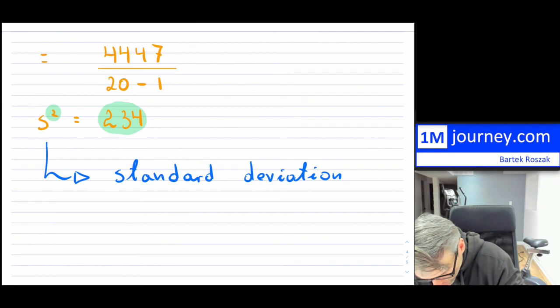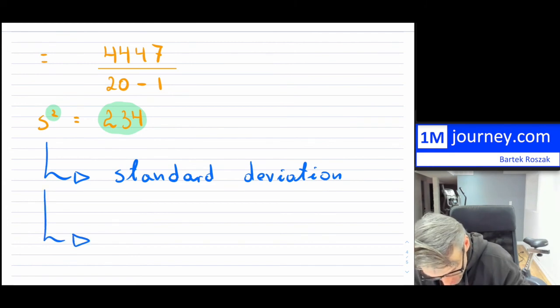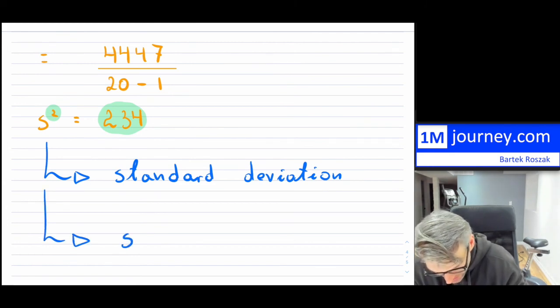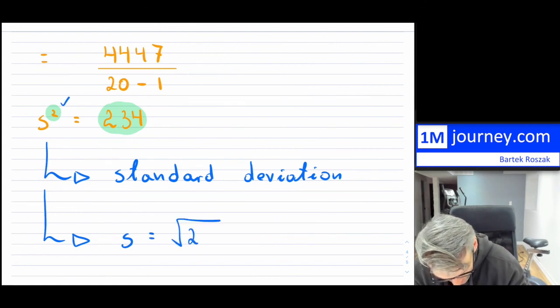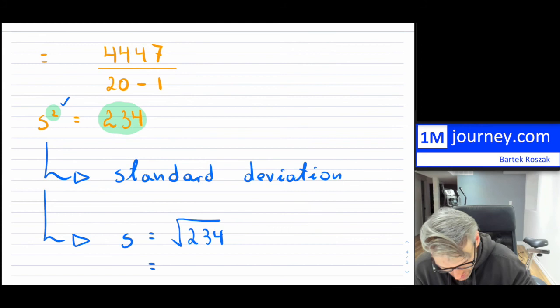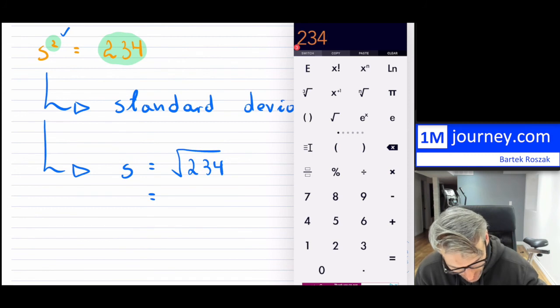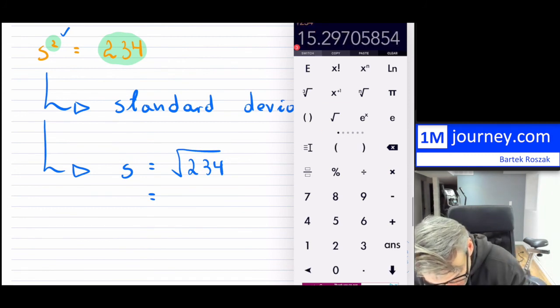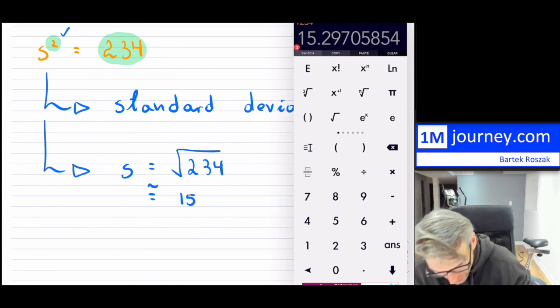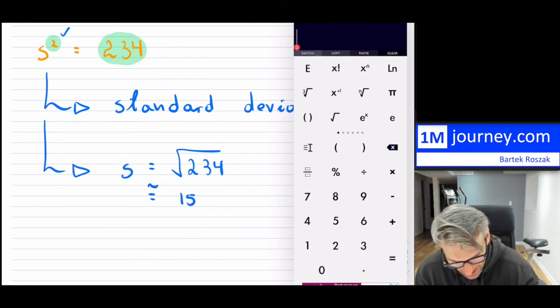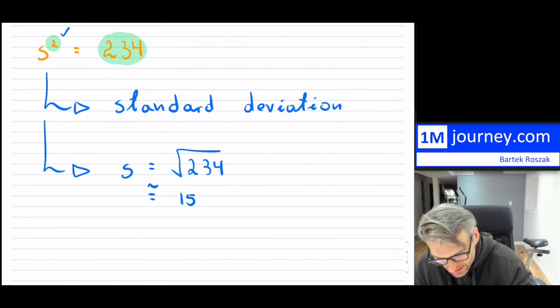So our standard deviation S, if you take the square root of both sides, gives you the standard deviation. The square root of 234 is approximately 15. So what does this 15 mean?